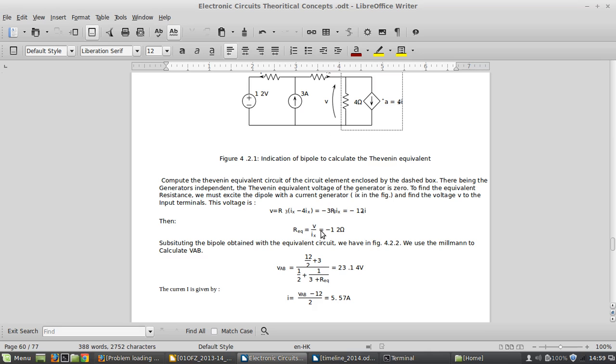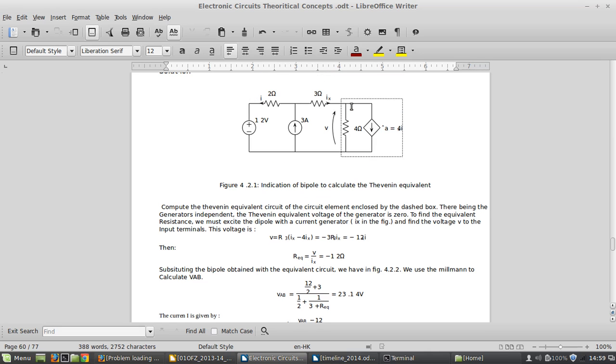After finding the Thevenin voltage, you have to find the equivalent resistor. For the equivalent resistor, you just divide the voltage by the total current supplied from here.